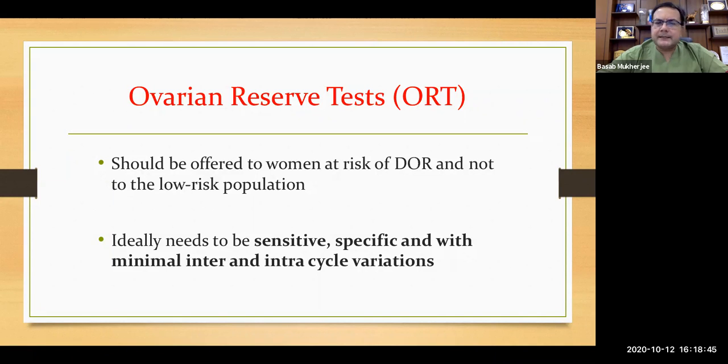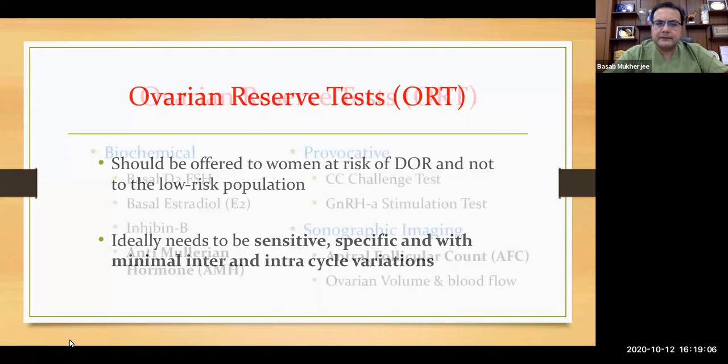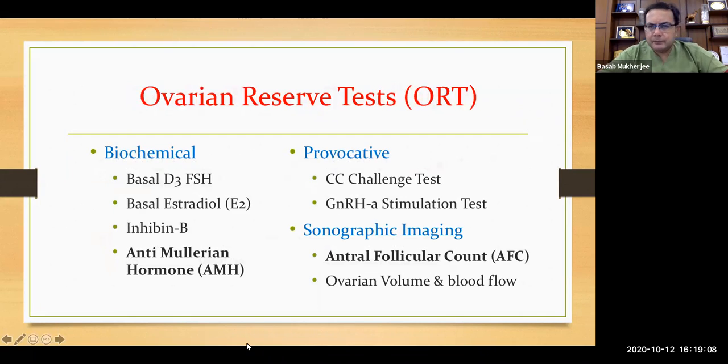The test ideally needs to be sensitive, specific, and with minimal inter- and intra-cycle variation. That's important. If you can do the test anytime in the cycle and get the same results, that would be most ideal, rather than having it done at a particular day or time, which would have more variations. And of course, it has to be sensitive and specific so that you can interpret it properly.